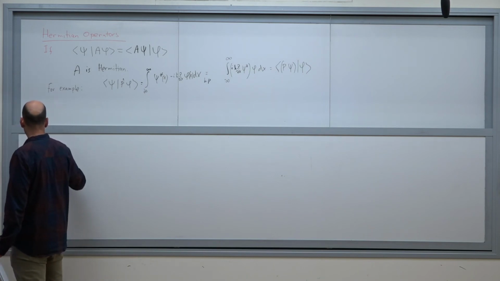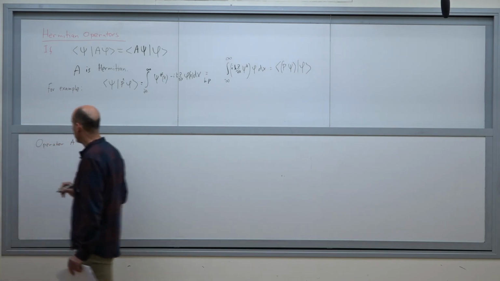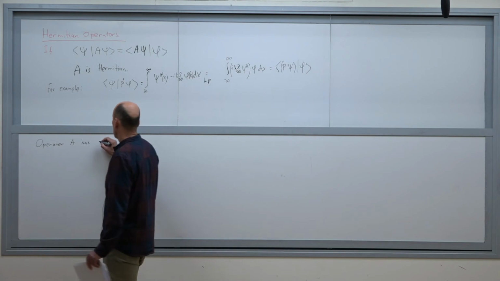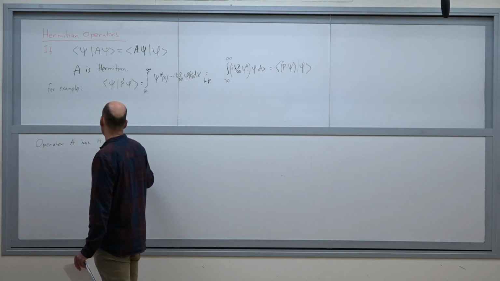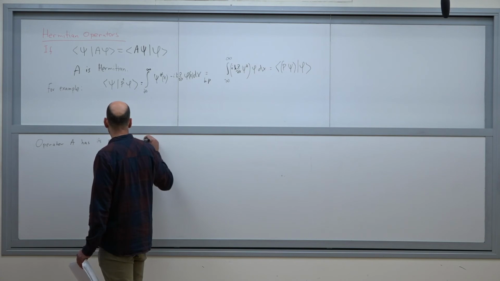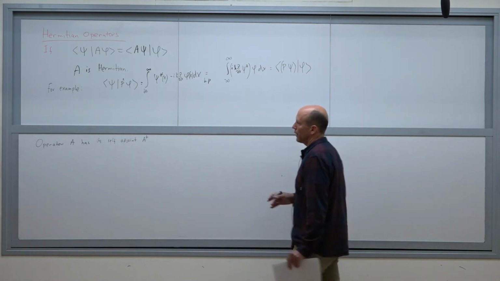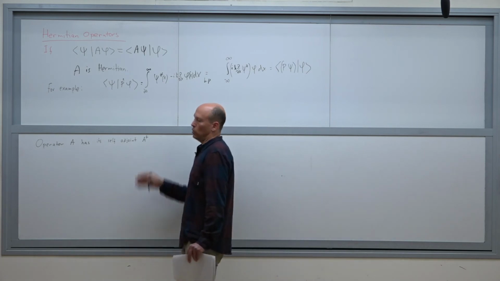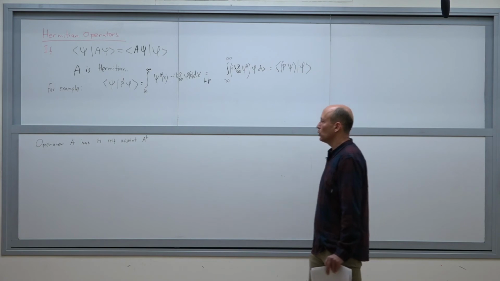An operator A has a boyfriend or a girlfriend, its self-adjoint. It's another operator, A dagger. This is the symbol, A dagger, which is of course a legitimate operator. It's linear. All these good properties hold also for A dagger.